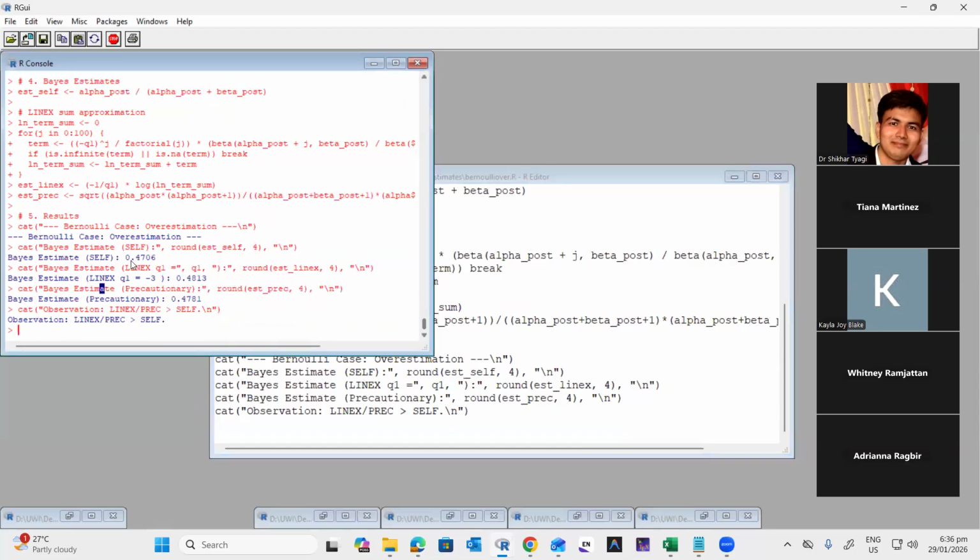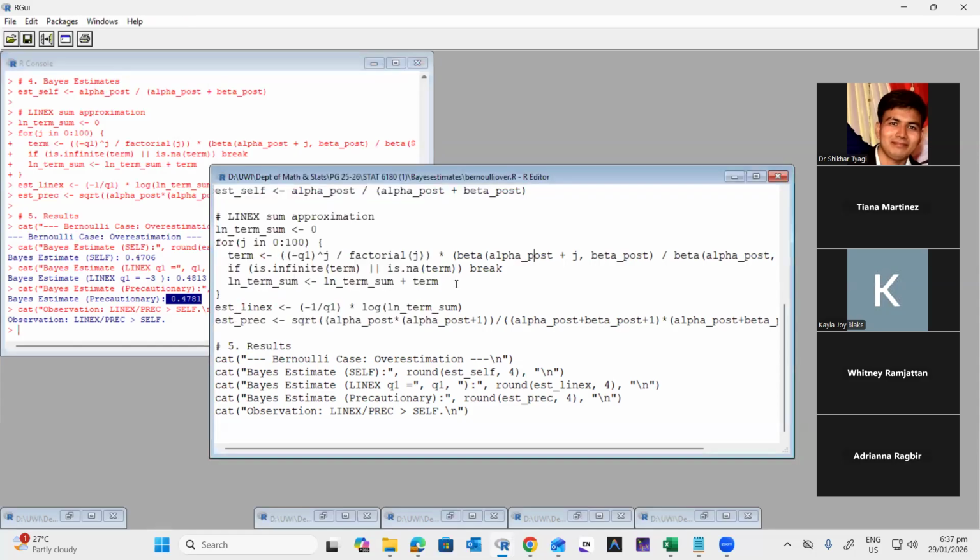Under the squared error loss, the Bayes estimate was 0.4706. Right now it is 0.4813 under LINEX, and under the precautionary, it is 0.4781. So the precautionary is quite similar to the self, but LINEX is again not good enough compared to the self.